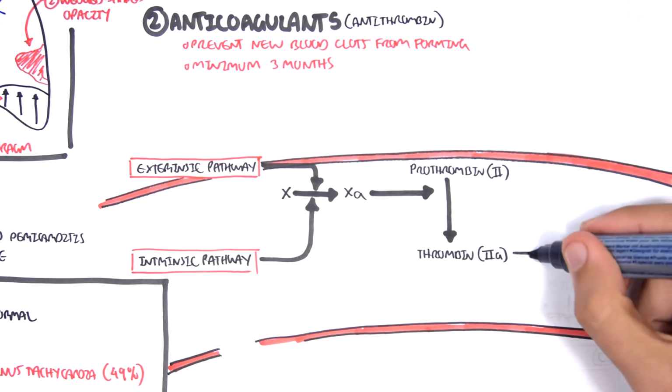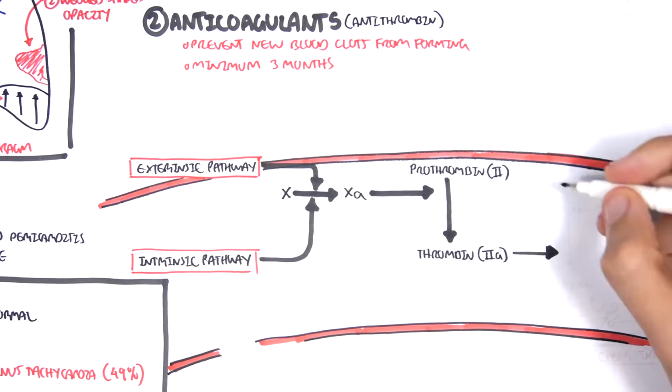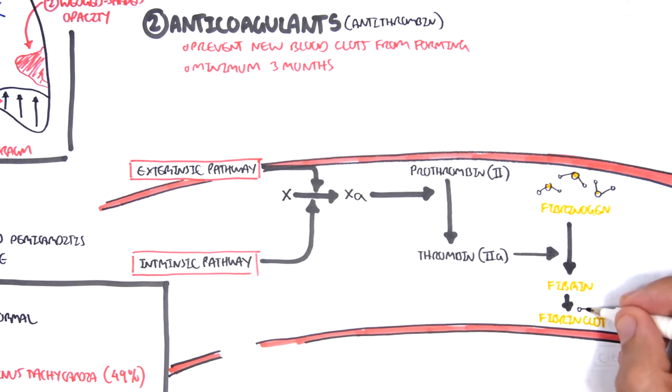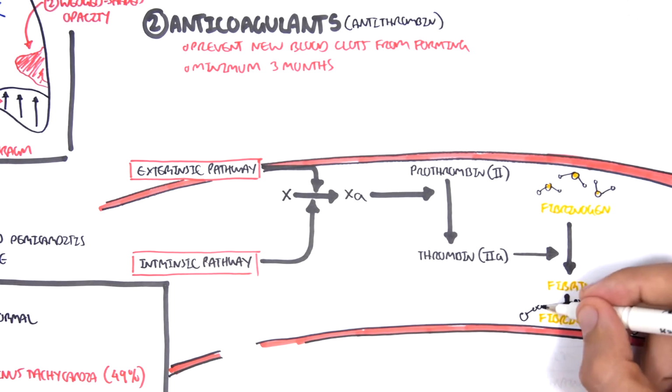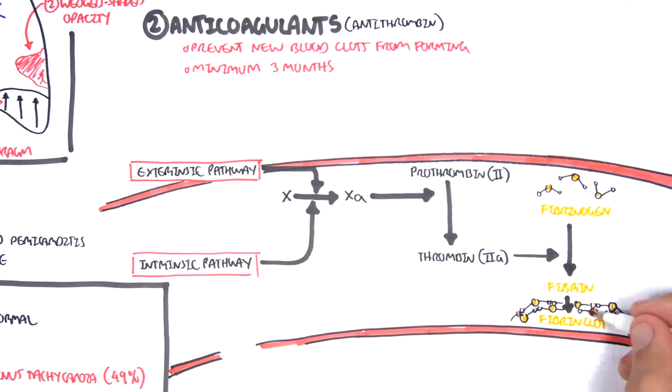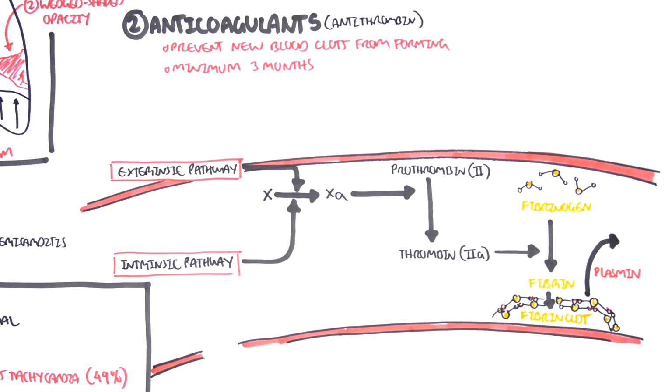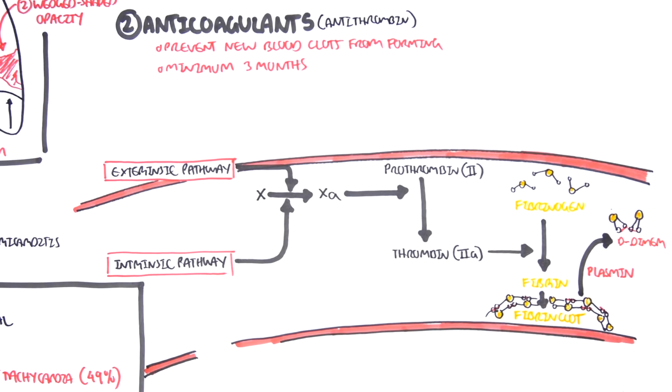Thrombin will then convert fibrinogen to fibrin, as we've already talked about, and then the fibrin will form a meshwork of fibrin-fibrin cross-linking. And if you remember, in the presence of plasmin, it's broken down, releasing the D-dimers, and the D-dimers are used to measure coagulation activity in your blood.